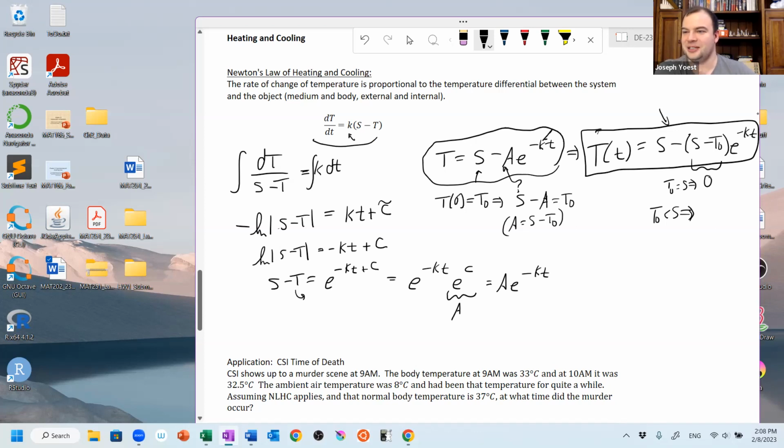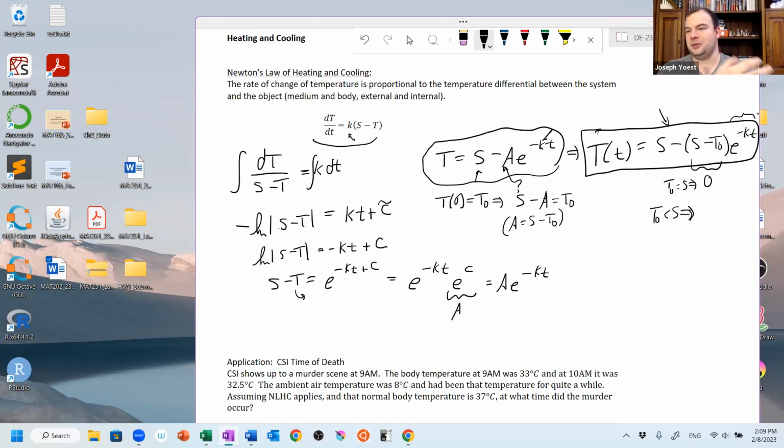So yeah, if T naught is less than S, I start out with S minus something positive. So I start out with something below S, but then this contribution decays, so I increase up to S. And vice versa, if T naught was bigger than S, I would start out with S minus something negative, so S plus something.